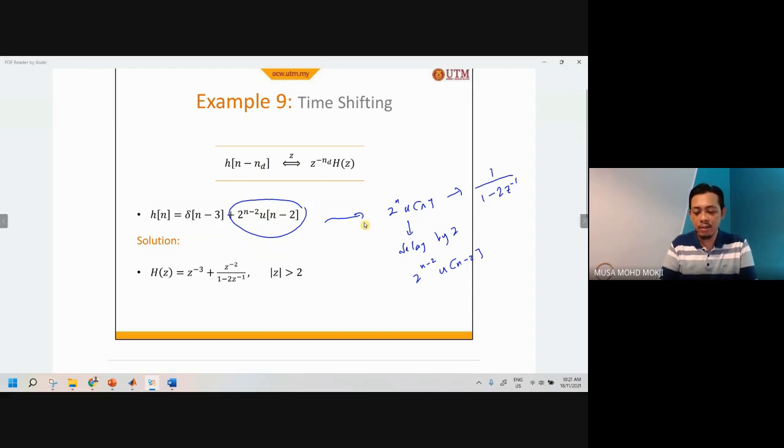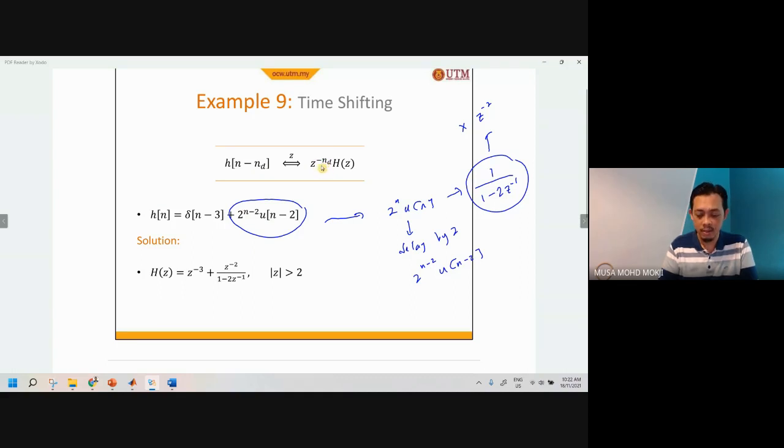Then we can just straight use this property, this is your H(z), and you need to multiply with z to the power of minus 2. So this is z to the power of the delay.